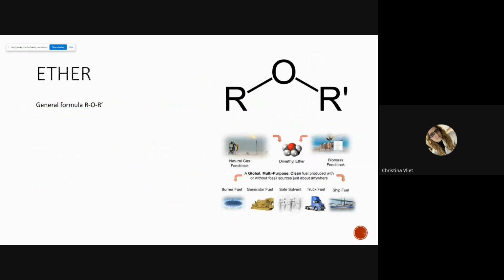All right, ethers. This is another group, just so you're aware. If you look at your chart, I don't even think it's there. It isn't on the chart that Cambridge gives you in the learning objectives, but ethers exist, and I'm not going to pretend they don't.